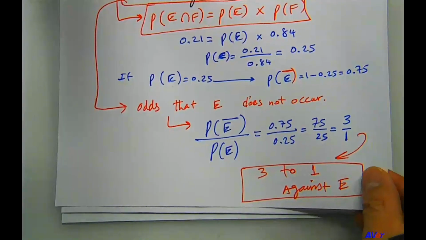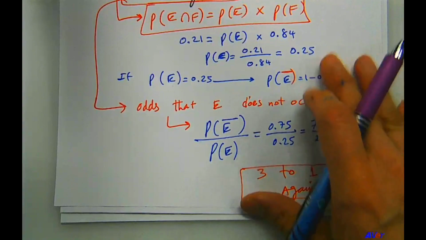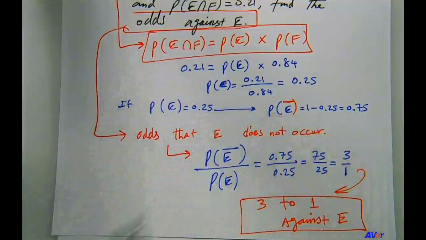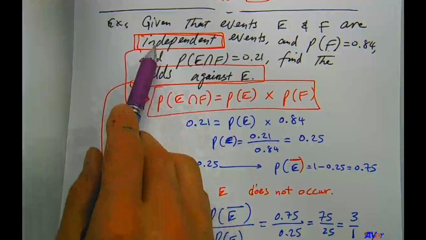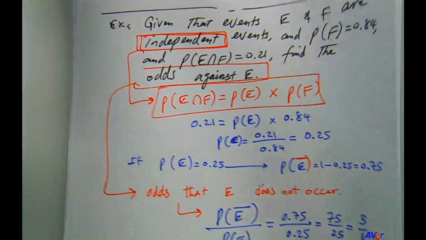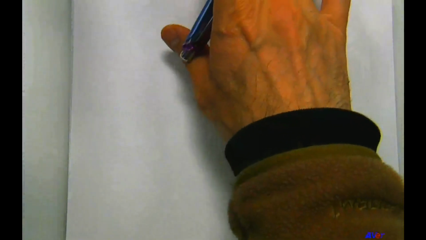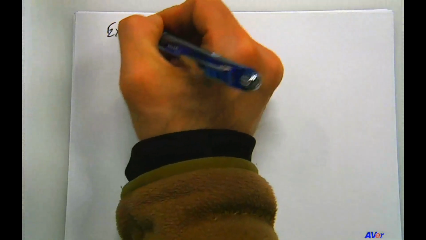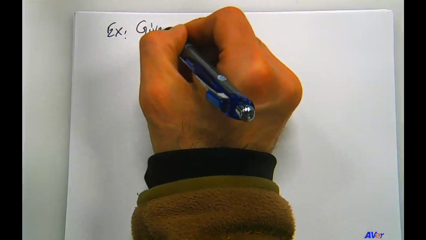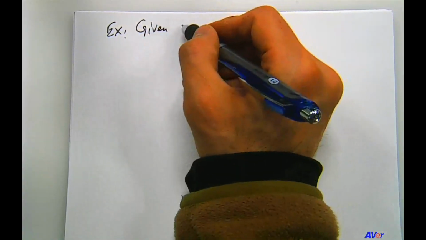This one, we're not dealing with independent events, but we're dealing with mutually exclusive events. These two last examples are pretty critical, and they're the culmination of everything we've talked about in this section.